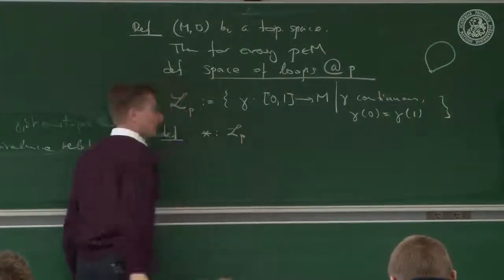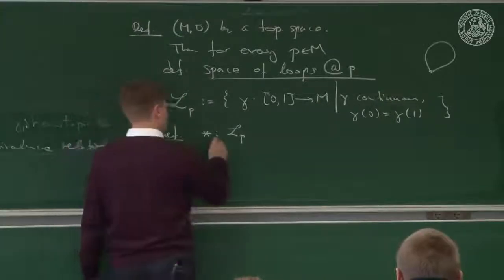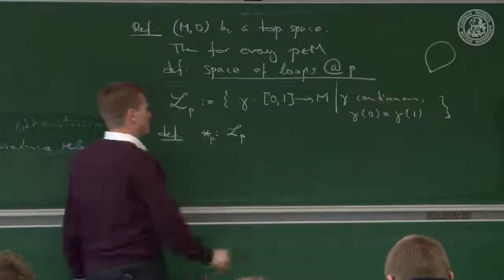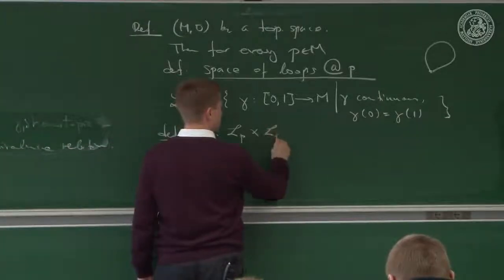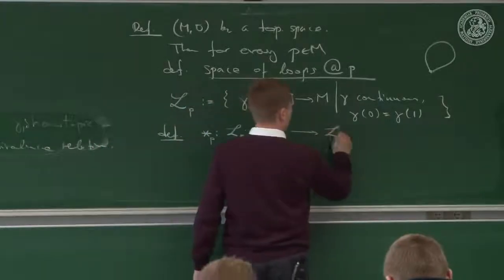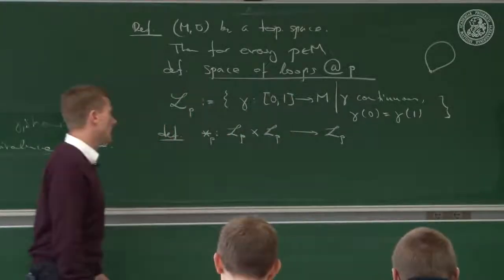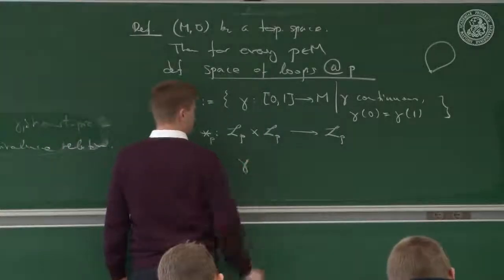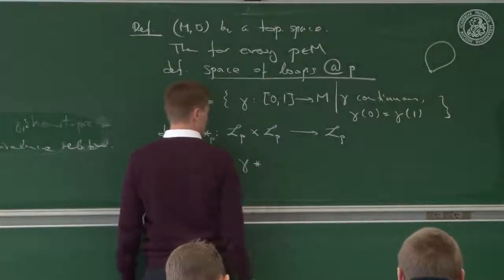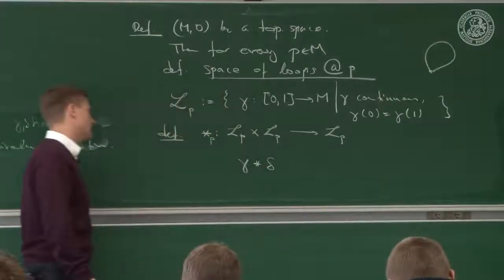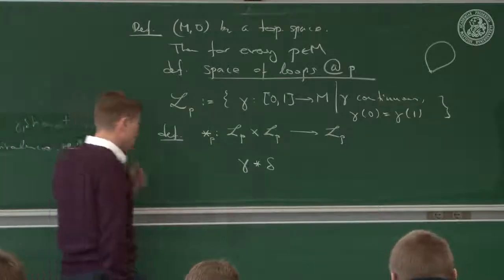Star takes a loop at the point P. Well, strictly speaking, it's star at P. It takes a loop at P, and it takes yet another loop at P, and it constructs from it a new loop at P. How does it do that? Well, it takes one loop gamma, star, a loop delta. So gamma, delta are now loops, same starting and end point.